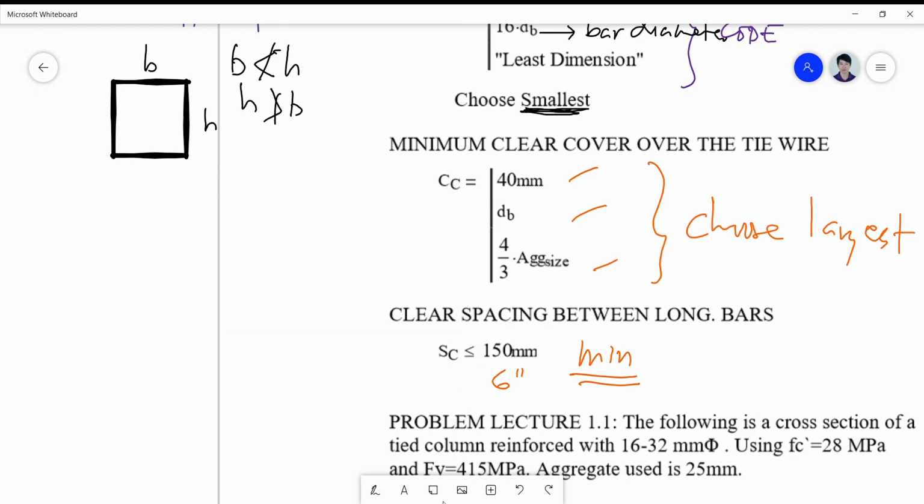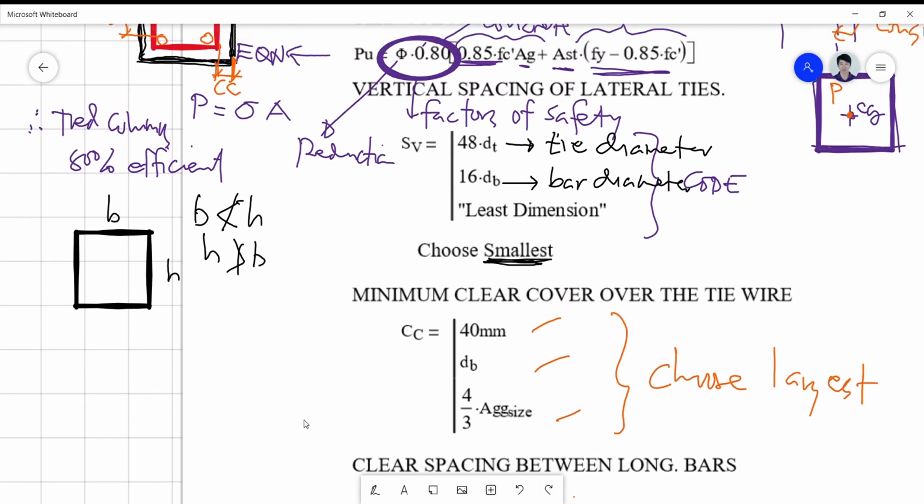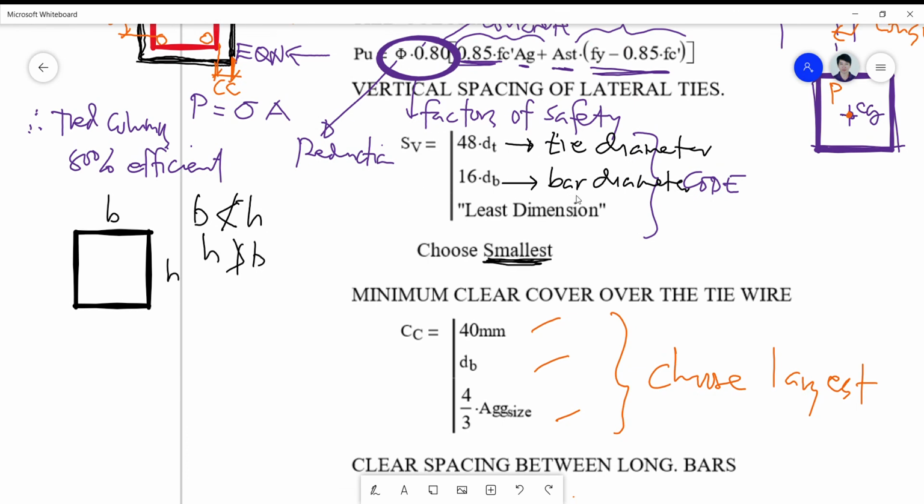Okay, so sorry class, I think there's some error here. So this is not a minimum spacing, class. This is actually a maximum spacing because what we have here on top is already the minimum spacing.